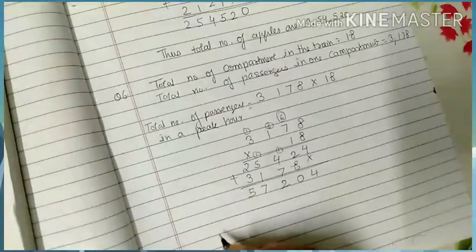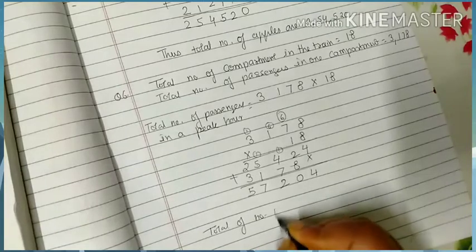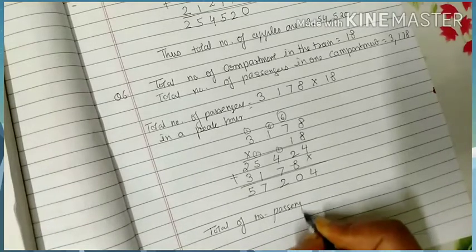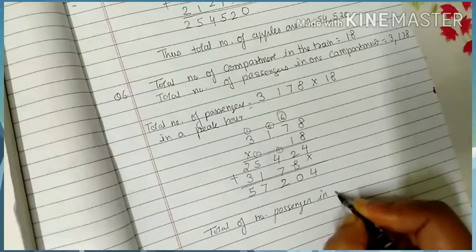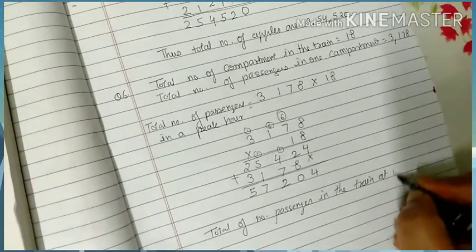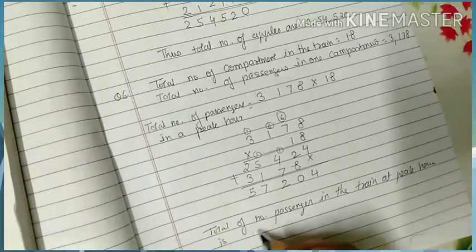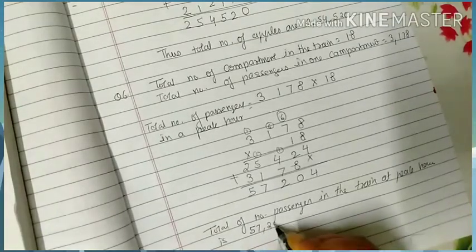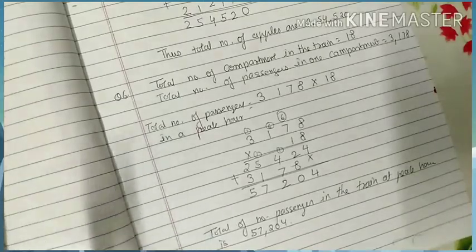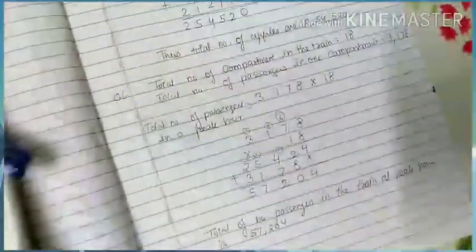So just write total number of passengers in the train at peak hour is 57,204.